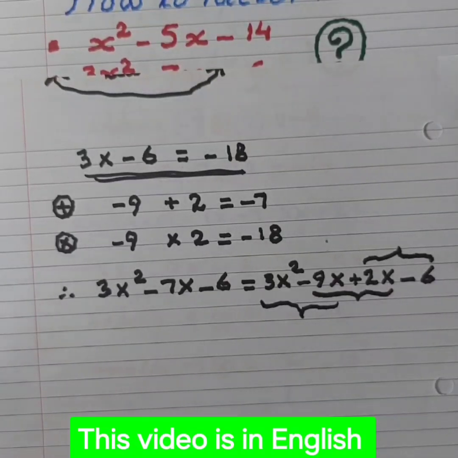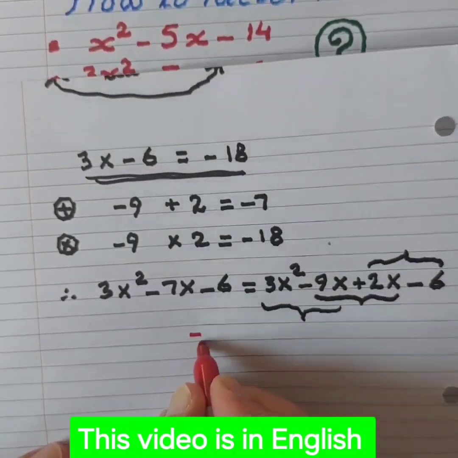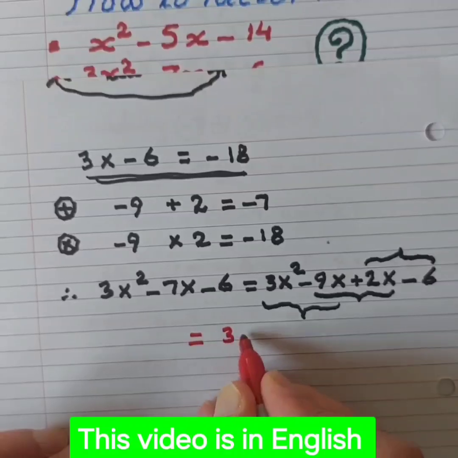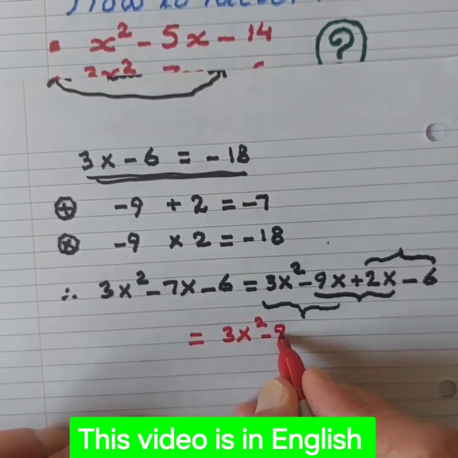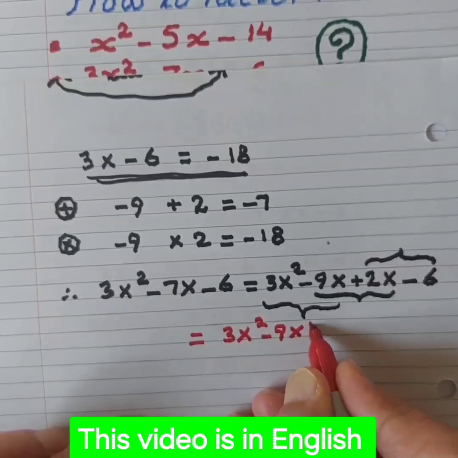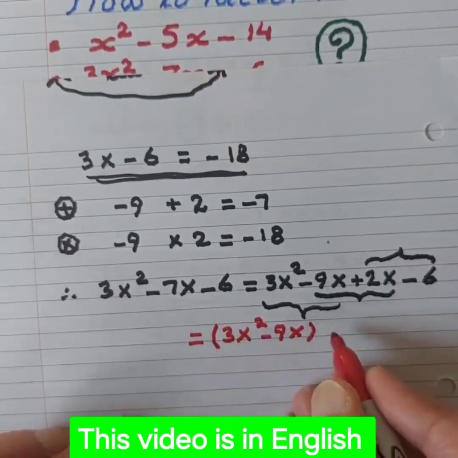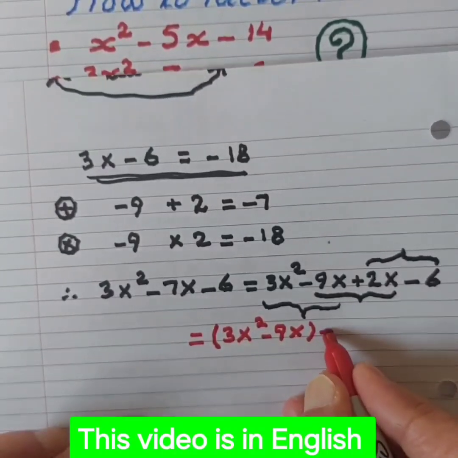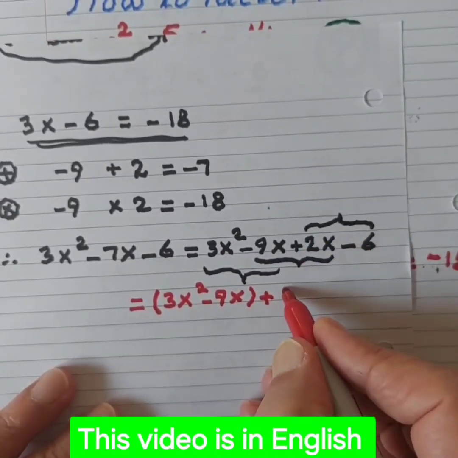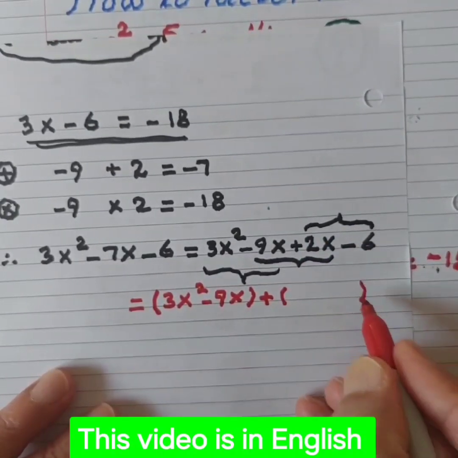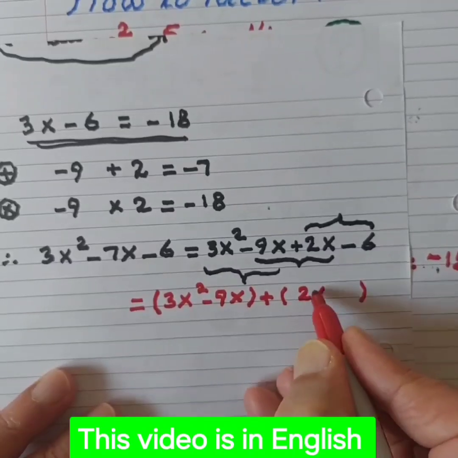So we write here 3x squared minus 9x, I put them in brackets, plus the other 2 terms, I put them in brackets also: 2x minus 6.